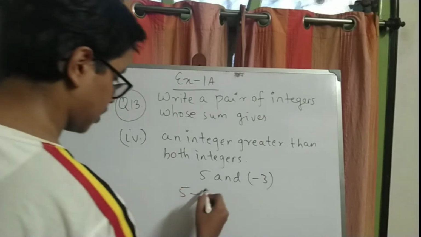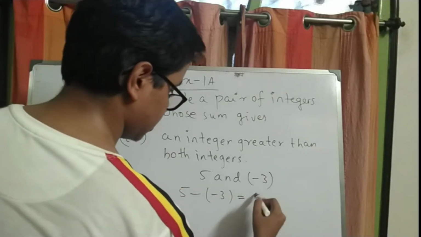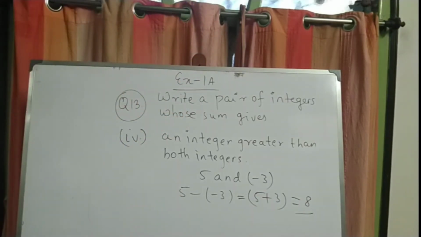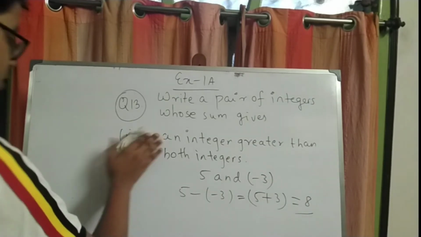So 5 minus minus 3 means 5 plus 3. I will get 8. So 8 is an integer which is greater than both of the left side integers. So 8 is a greater number. So this is also proved.